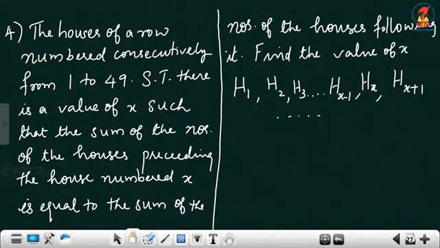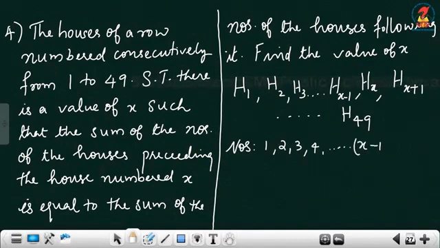The houses are H1, H2, H3, etc., Hx minus 1, Hx, Hx plus 1, etc., H49. So 49 houses. The numbers are 1, 2, 3, 4, etc., x minus 1, x, x plus 1, etc., 49.